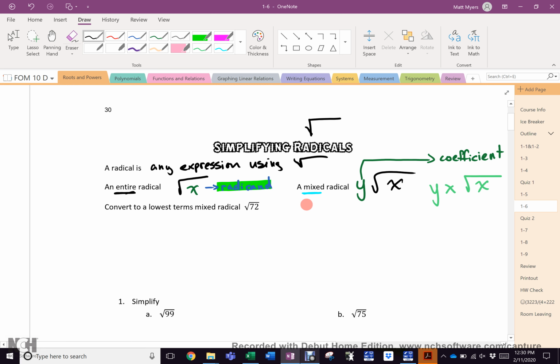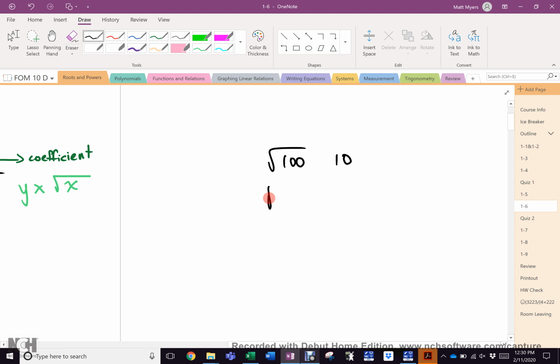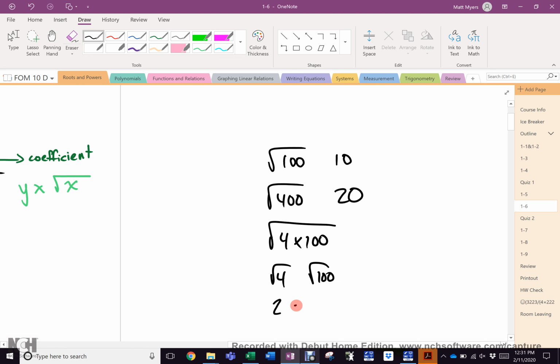Now, the reason I gave you that thing yesterday and the reason I made such a big deal of showing you this pattern, the square root of 100 was 10 and the square root of 400 was 20, because that is the square root of 4 times 100, which is the square root of 4 and the square root of 100, which is 2 times 10, which is 20. Remember when we talked about that?